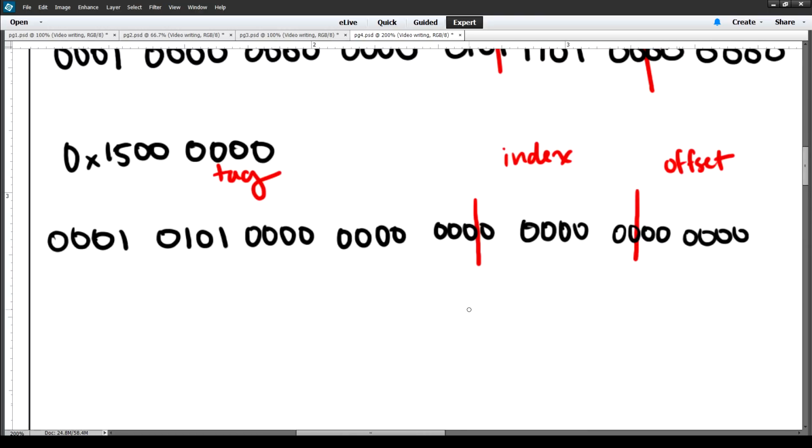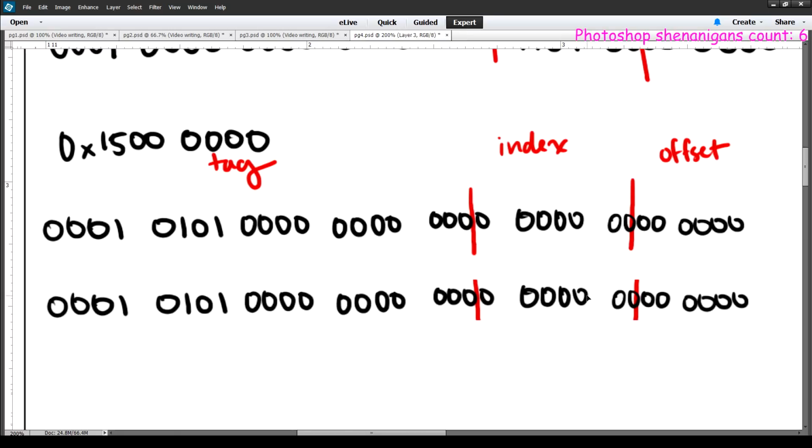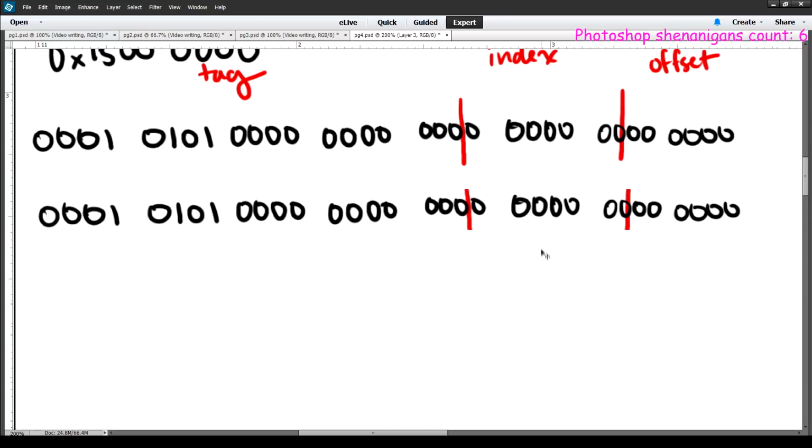So now that we have this base address, first for the tag bits, we basically want to keep the changes as small as possible. We'll end up only incrementing the tag bits by 1, and we're going to do this by adding 1 to the rightmost bit in the tag bits.